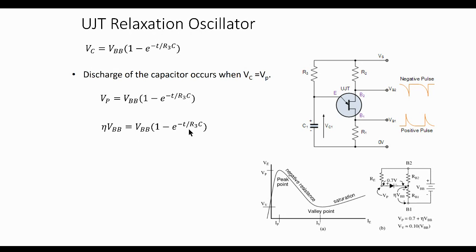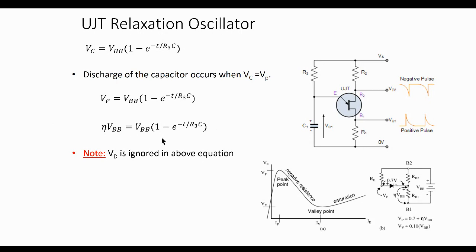So we basically ignore the voltage drop across the diode, and we can now simplify this expression. So we expand this bracket and simplify, and divide both sides by VBB.